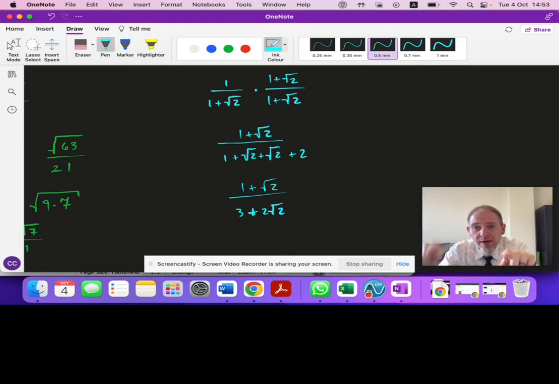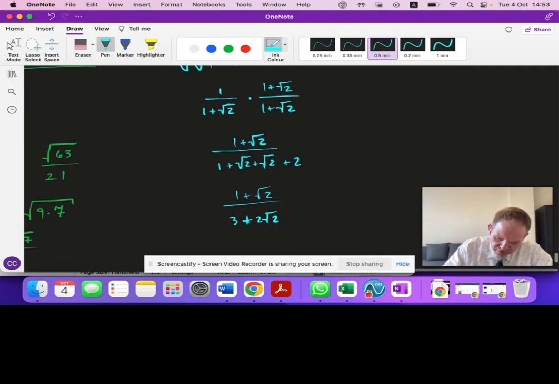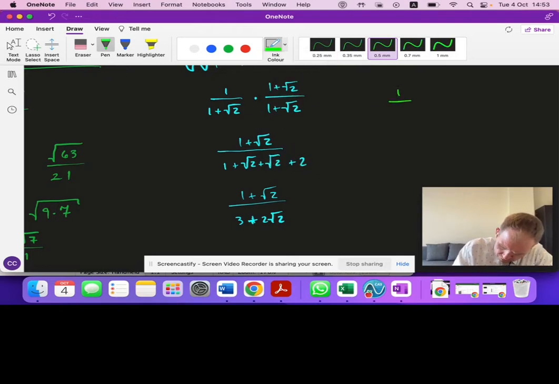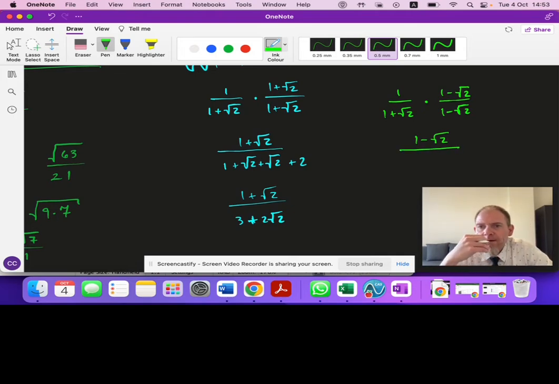I almost got you there. Difference of two squares will. So if I use difference of two squares, and multiply that by 1 minus the square root of 2, now the top will still be 1 minus the square root of 2, but the bottom, that's difference of two squares.